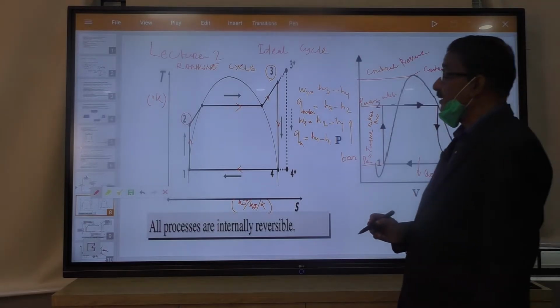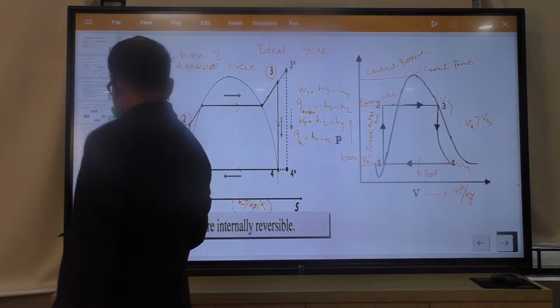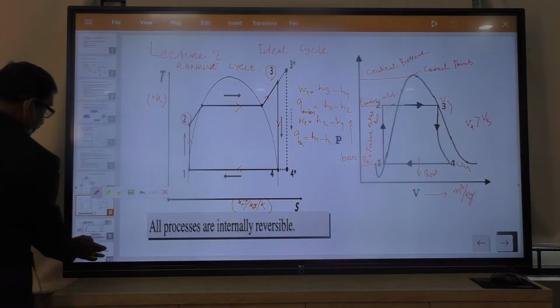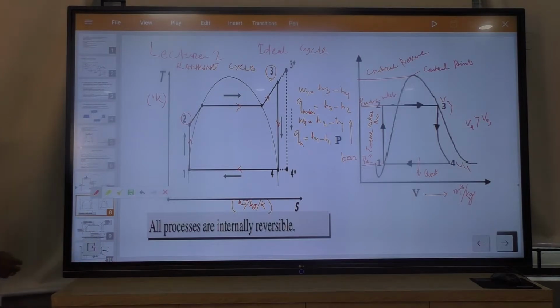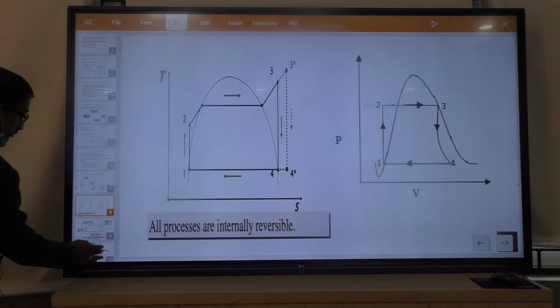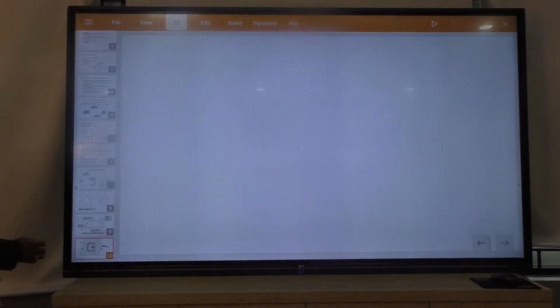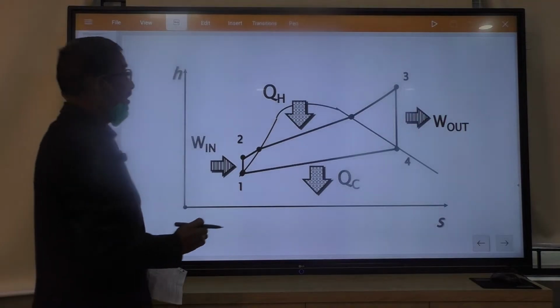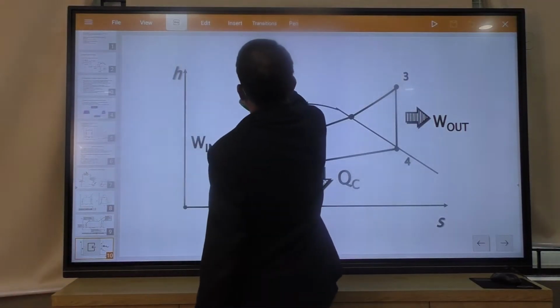So this is one. Now your enthalpy-entropy diagram is in this slide. This is your enthalpy-entropy diagram of Rankine cycle. Same cycle, it is explained.